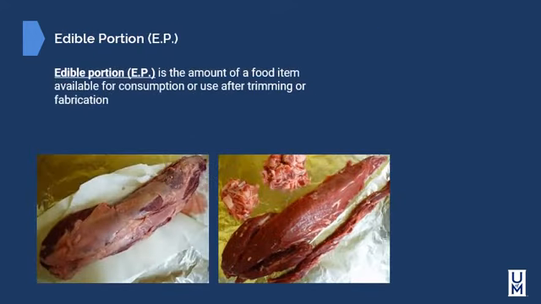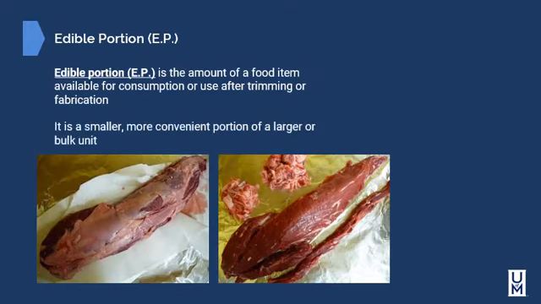Edible portion is the amount of food item available for consumption or use after trimming or fabrication. It's a smaller, more convenient portion of a larger or bulk unit. As you can see from the example in the pictures below, I have a tenderloin on one side that has the sinew, fat, and connective material still attached, including the chain muscle.